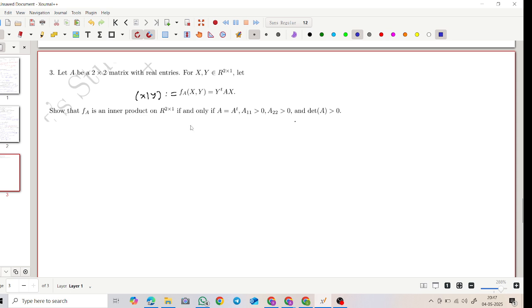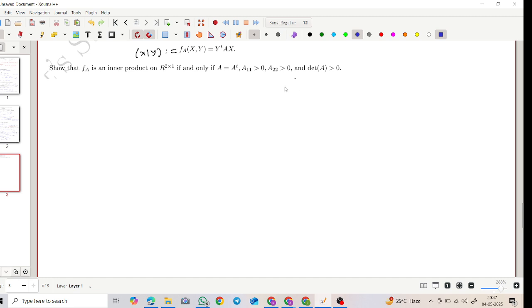So let's do one thing. First, define an inner product matrix. Suppose this is an inner product defined on V. Inner product has certain properties: over reals, you know that the inner product of V and W will be equal to that of W and V, right?